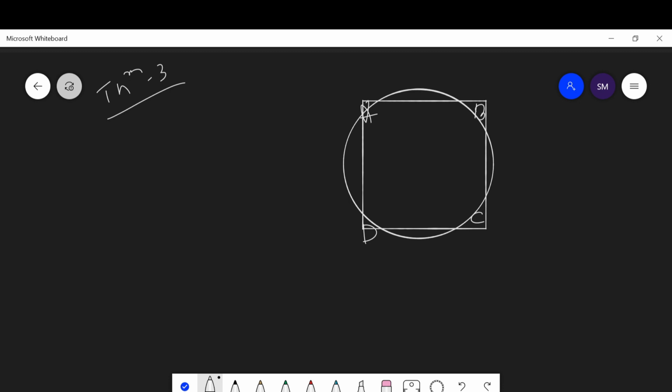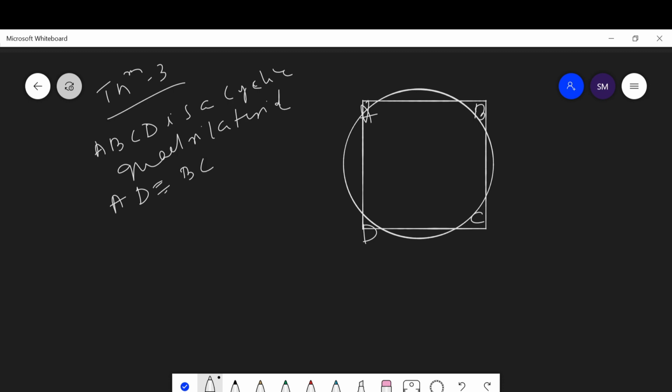Here ABCD is a cyclic quadrilateral such that AD is equal to BC, and we have to prove that AB is parallel to CD. Let us join BD.